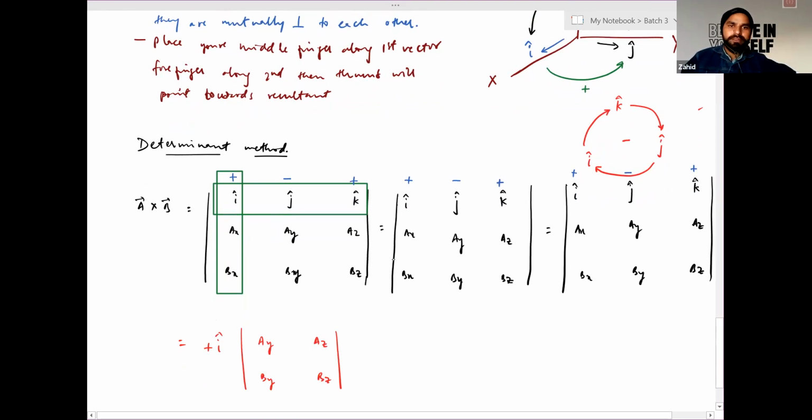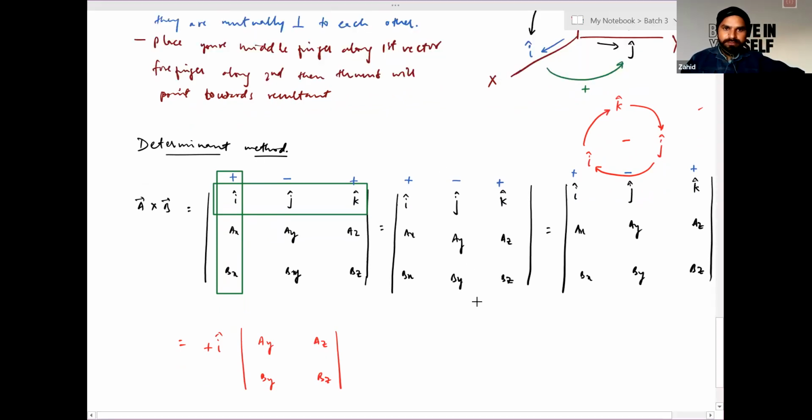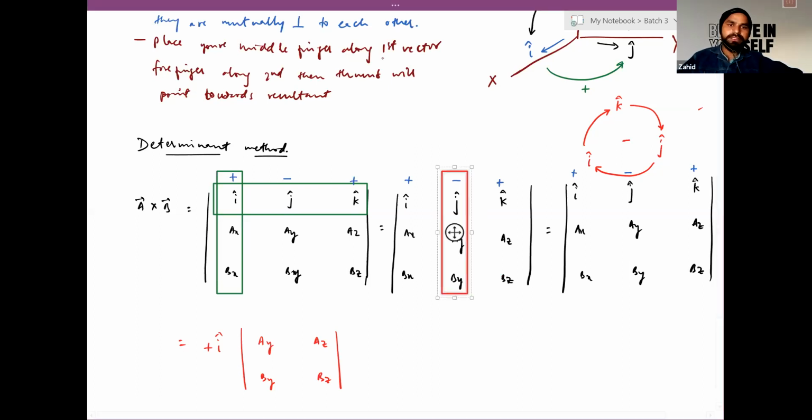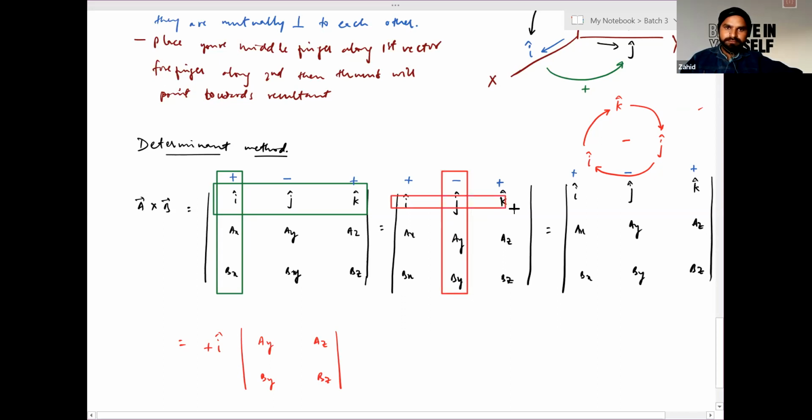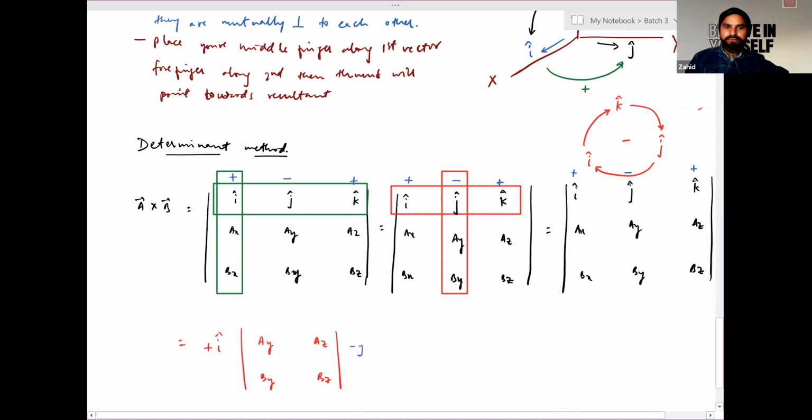Similarly, if you take J in the second part, that will be like this, and the horizontal component with it, you will get minus of J cap times AX, AZ, BX, BZ.